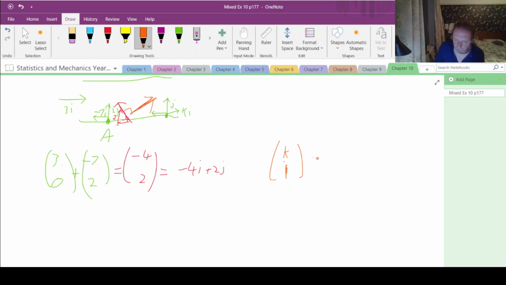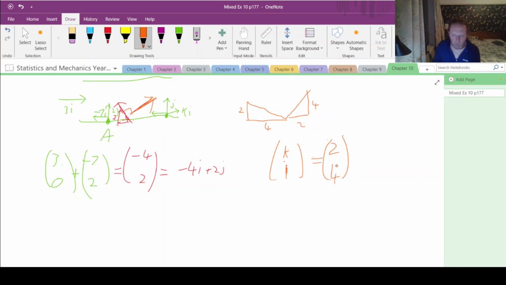So the perpendicular one is going to be 4, 2. Now it's not 4, 2. It's got to be, is it 4 up 2? Let's just have a look at that. It's 4 this way and 2 this way, which looks like that. So when you do it at 90 degrees, it's 2 this way and 4 that way. So that's across 2 and up 4, like that.